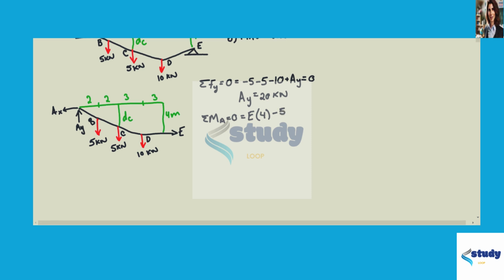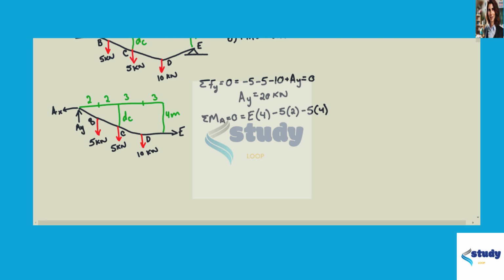And this is the force at B. It creates a negative moment around A because it is in the clockwise direction. And it is times 2 because there is 2 meters between A and B in the horizontal direction. Minus 5 times 4. This is for the load at C. It creates another negative moment in the clockwise direction around A. It is times 4 because there's 4 meters in the horizontal direction between A and C.